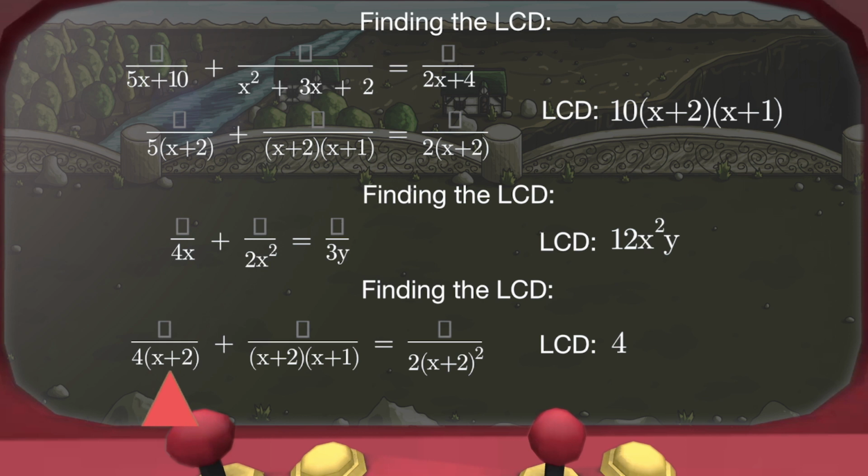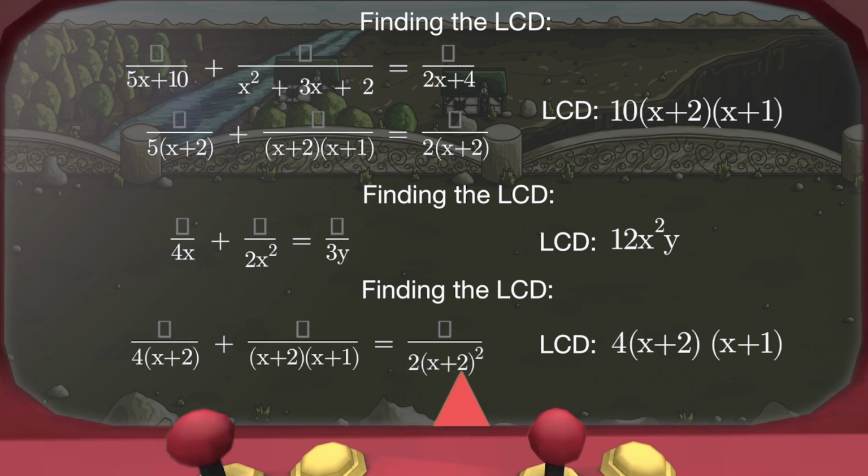Then we have only brackets, there are no other variables, so we work our way from left to right. So here's an x plus 2, we include it in the LCD. Then there's an x plus 2, it's already there, so we don't include it again. There's an x plus 1, it's not in the LCD yet, so we include it. And then we go to the right again.